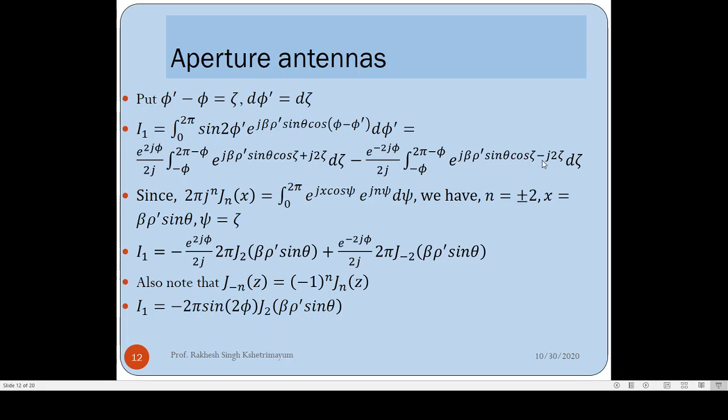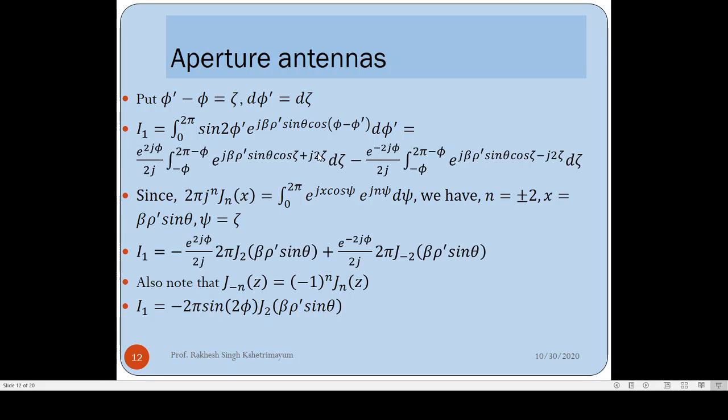So now we can use Bessel's identity. If I want to do the integration 0 to 2 pi exponential jx cosine of psi exponential jn psi d psi, then the integration is, this is a Bessel's identity, 2 pi j to the power n Jn x. Jn x is the Bessel function of nth order. So now look at this expression you have here. What is n?